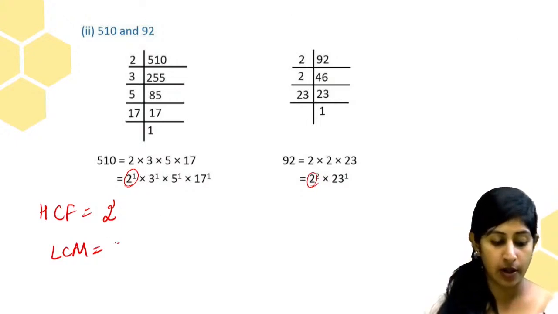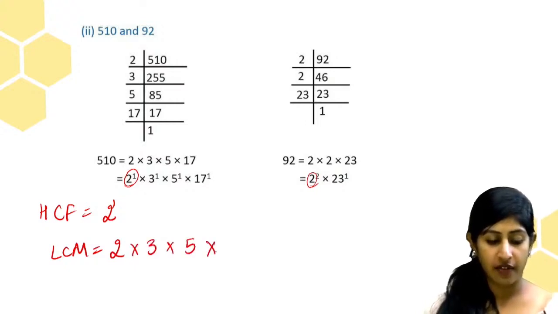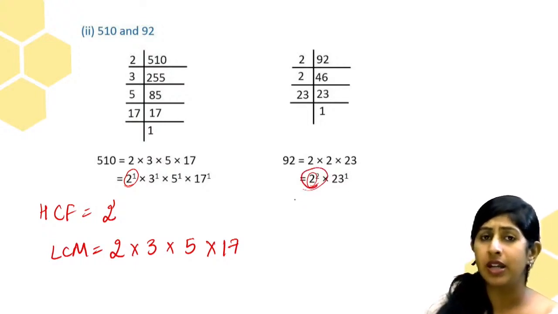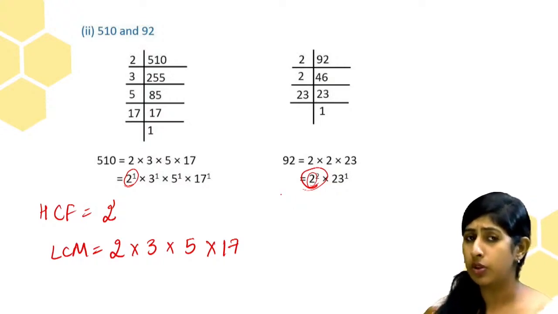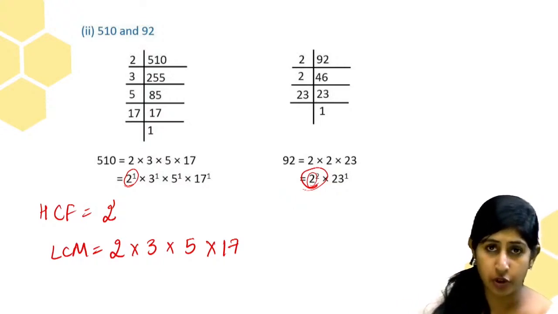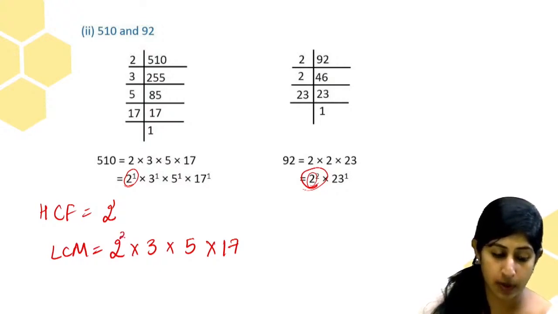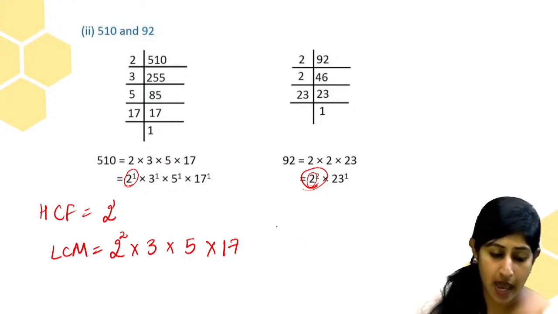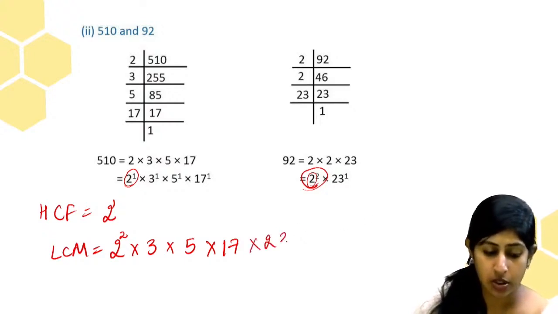So I have the prime factors as 2, 3, 5, 17. Now over here I have 2 square again, right? So I have to write the greatest power. So I'm not going to write 2 square again totally. When I have written 2, I can simply replace this 2 by 2 square because I have to write the greatest power, and into 23.